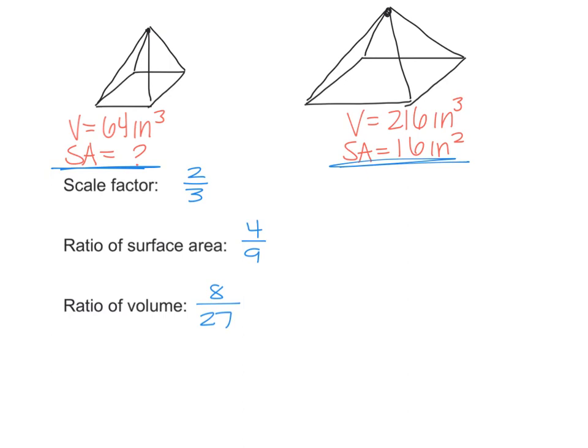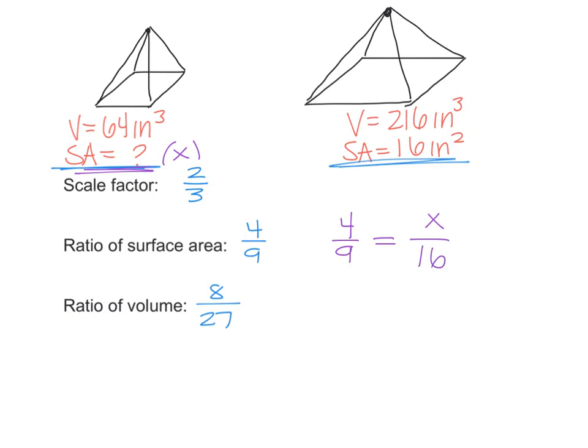So what we do is we set up some equations. So first we had to find from the volume, we went to find the ratio of our volume. Then we went to find our scale factor, and then we went to finding the ratio of the surface area. So now that I know that, I can say 4/9 is my ratio of my surface area. That has to be equal to something, which I don't know, because that's the surface area from over here. We're going to call it x, over 16.